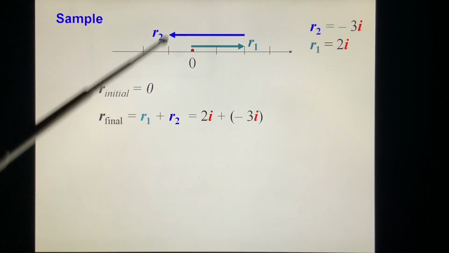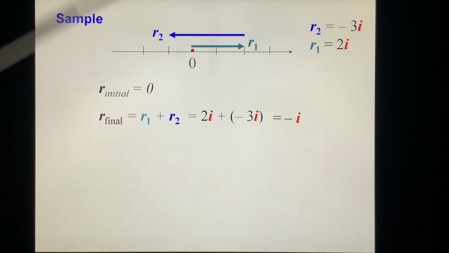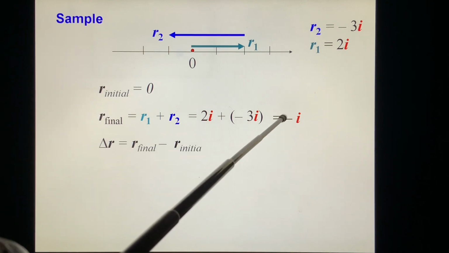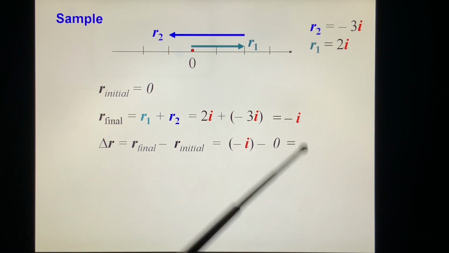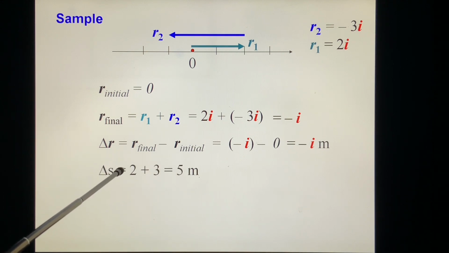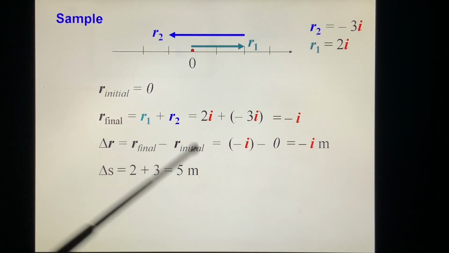So the final position is equal to minus i. This is minus i, that's here. Okay, so delta r equals r final minus r initial, minus i minus 0, is minus i. And delta s, we don't care about the direction, is 2 plus 3, which is 5.